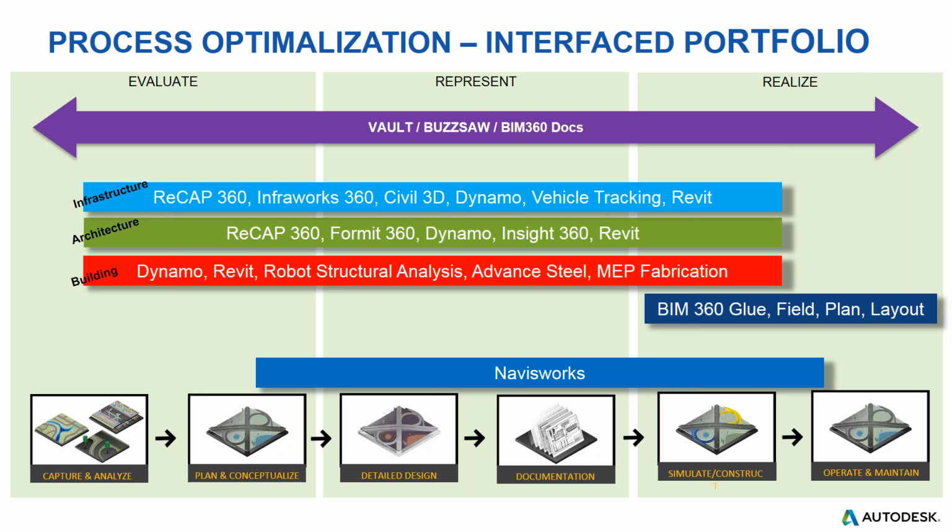We also have a portfolio for the construction part. I will not mention it in this webinar, but please bear in mind that we have a construction portfolio, and this might be a topic for some next session.